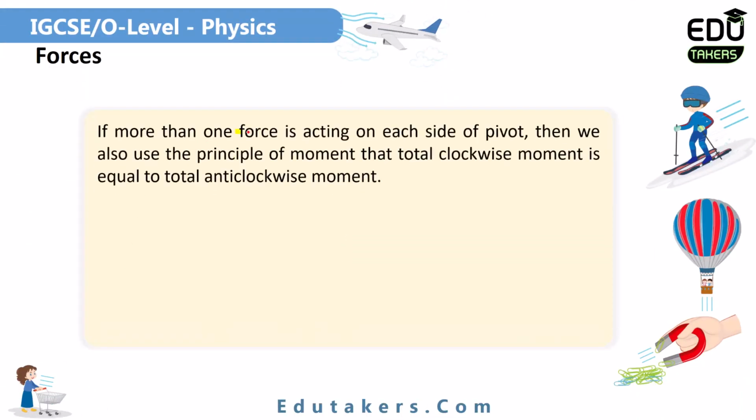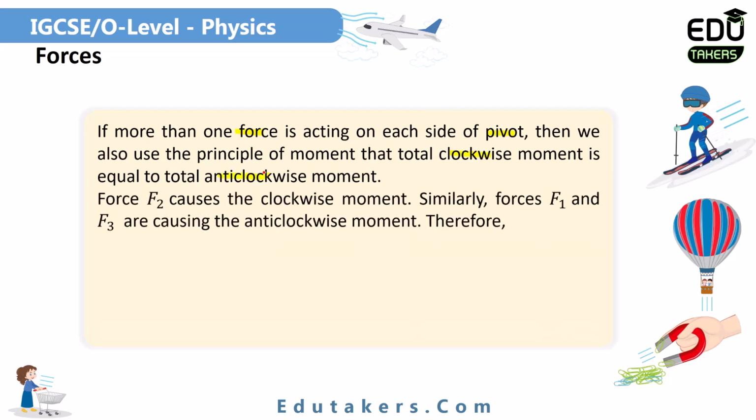If more than one force is acting on each side of the pivot, then we can also use the principle of the moment, that the total clockwise moment is equal to the total anti-clockwise moment. Force F2 causes the clockwise moment, while F1 and F3, both of these cause the anti-clockwise moment.